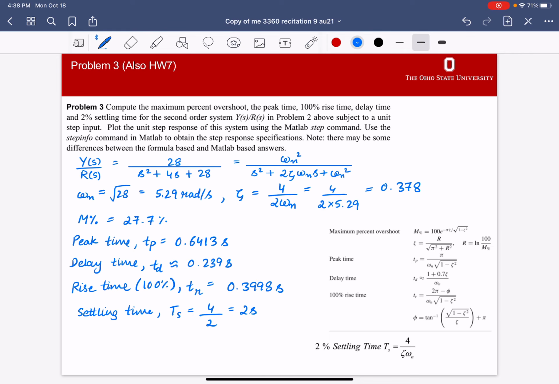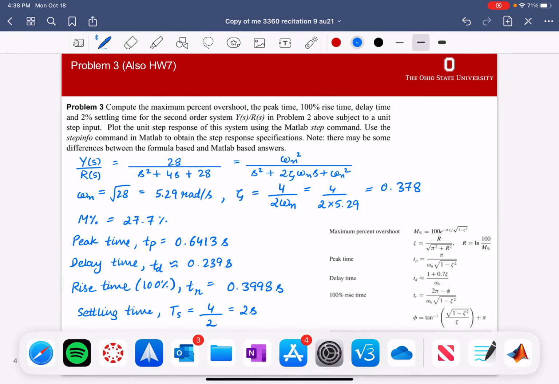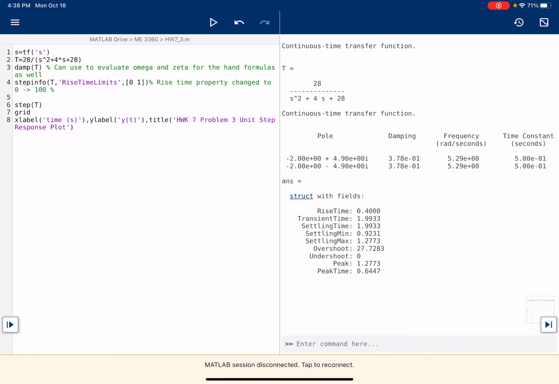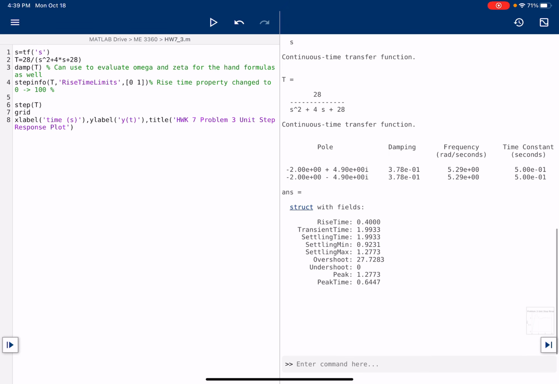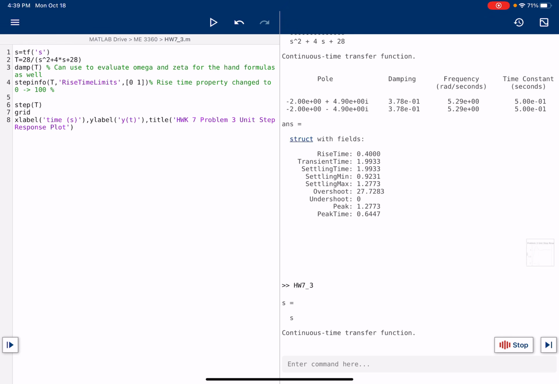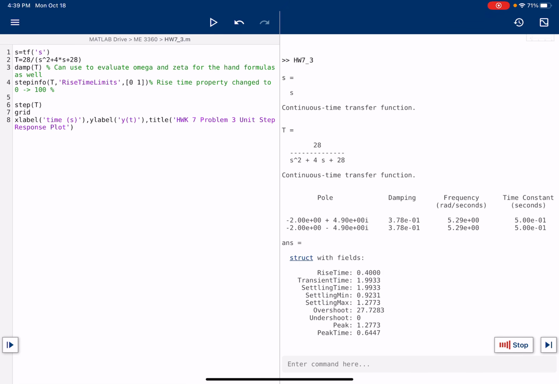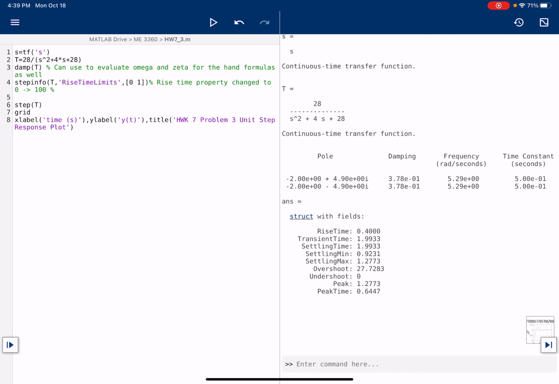So now let's run our MATLAB script and see what answers MATLAB gives us. I'll be posting this on Carmen as well, so don't worry about that. Alright, so I'll run this once again. As you can see, we have set up the transfer function just as we had, right?